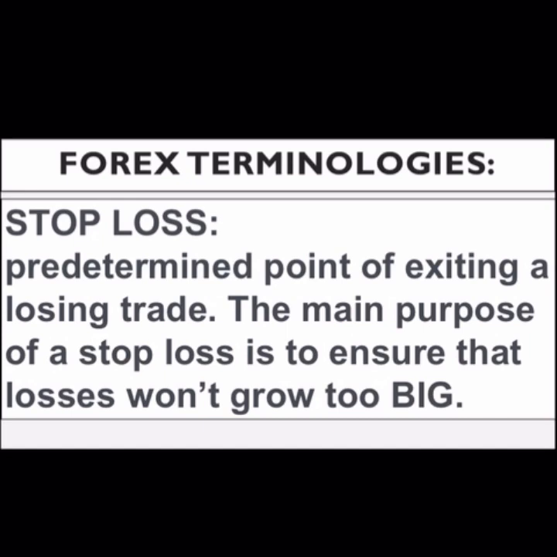In case the market does not go my way and is now against me, I don't want to lose too much. I want to lose only 10 pips, that's between 150 and 140. That's what I want to lose. And I'll put my stop loss at 140. So that is how it works. Stop loss is a predetermined point of exiting a losing trade. The main purpose of stop loss is to ensure that losses won't grow too big.